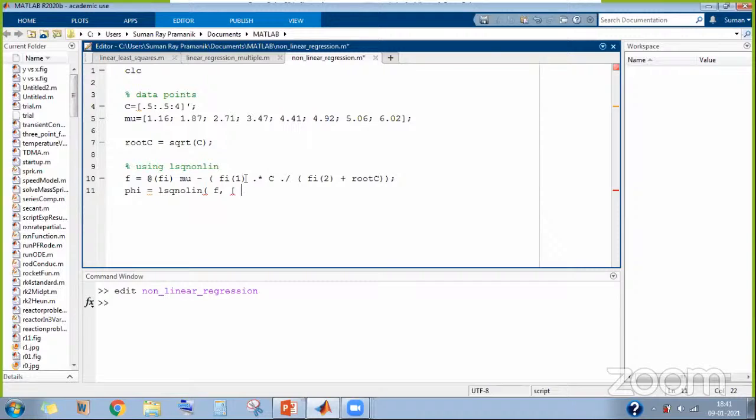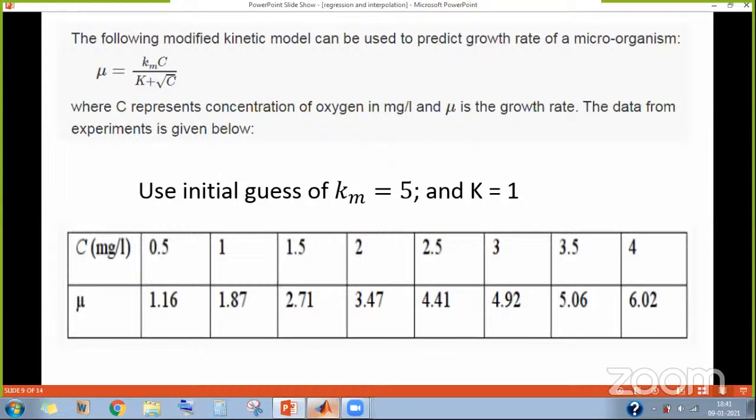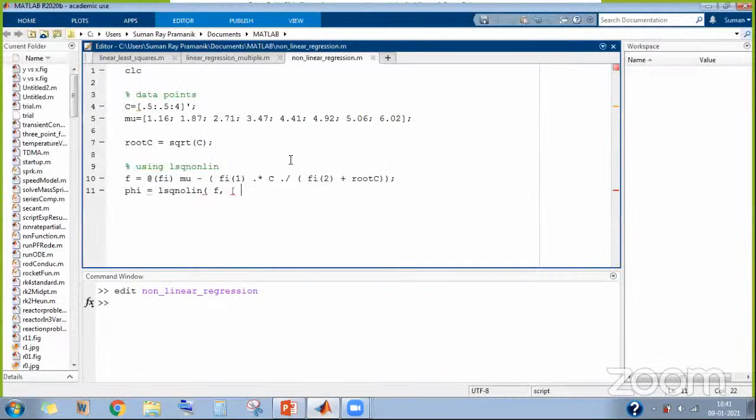Because my phi 1 is km here, I'll have to put the initial guess of km first. What was my initial guess of km? It was 5. So 5 and 1, these are my initial guesses. This should give me the km and k.